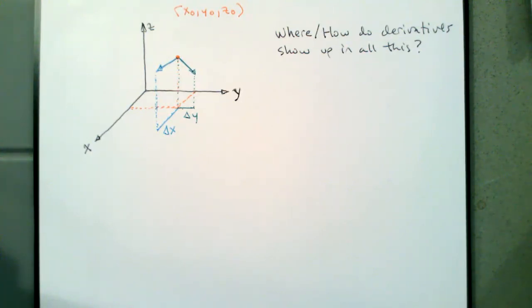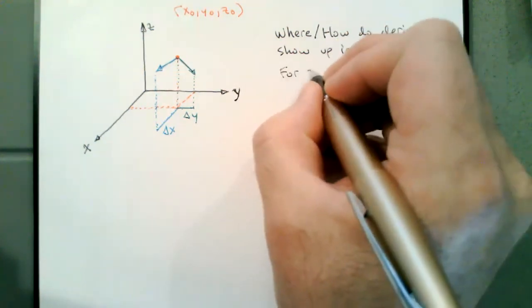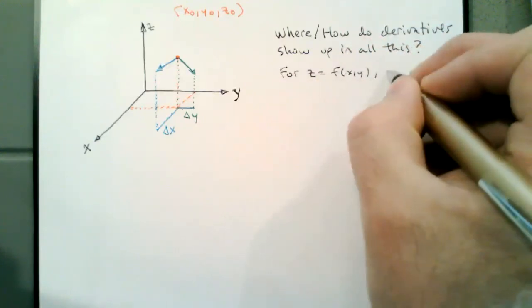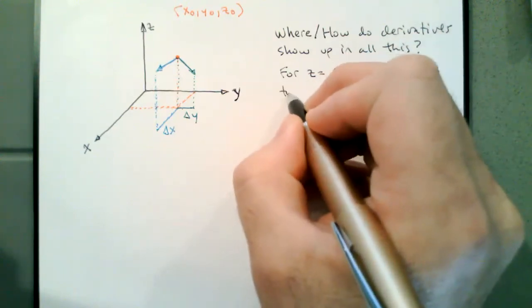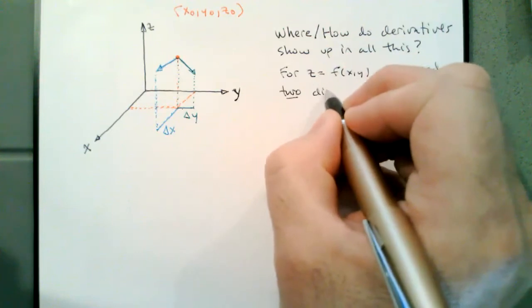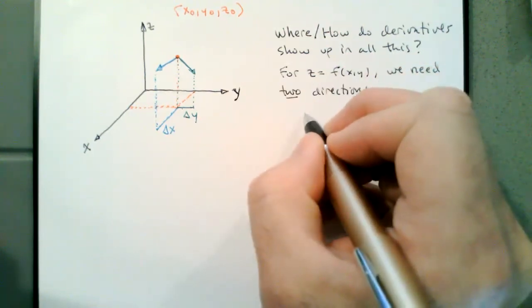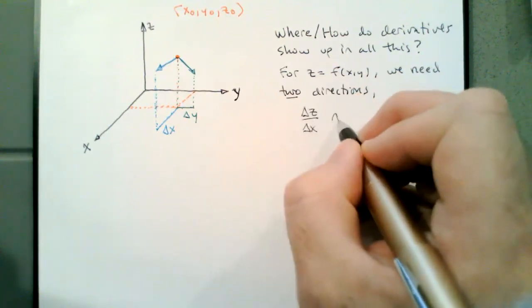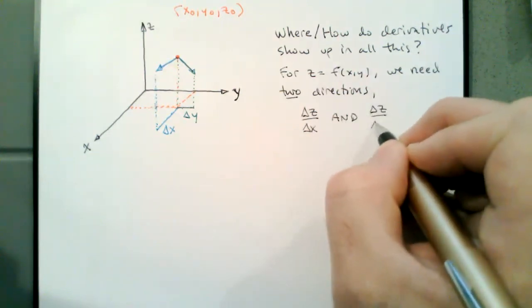For a function of two variables, z is equal to f at x, y, we need two directions. We need how a change in z with respect to x and a change in z with respect to y.